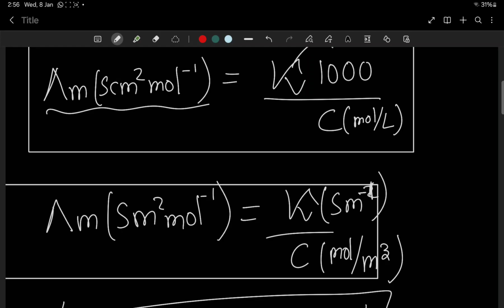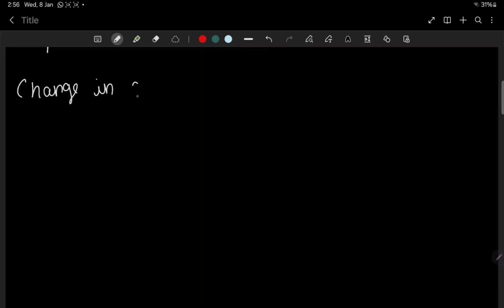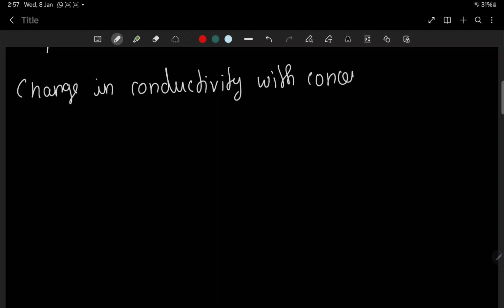I think I'll take a small break and then continue. So the next part is change in conductivity with concentration. What happens to conductivity when concentration is increased or decreased? I will take a small break and come.